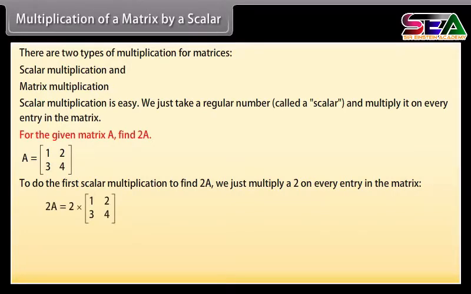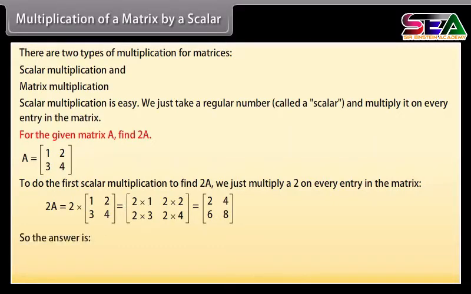2A is equal to 2 times the matrix with first row 1, 2, second row 3, 4, which is equal to the matrix with first row 2 times 1, 2 times 2, second row 2 times 3, 2 times 4, which is equal to the matrix with first row 2, 4, second row 6, 8.